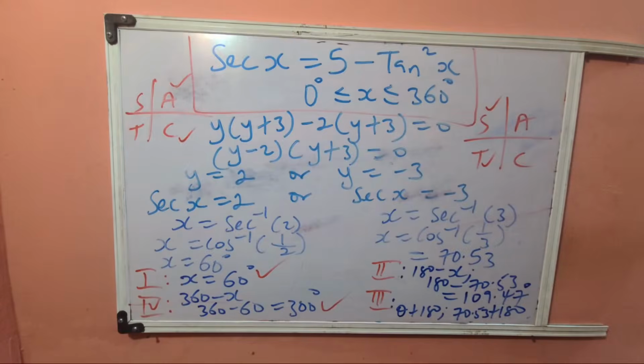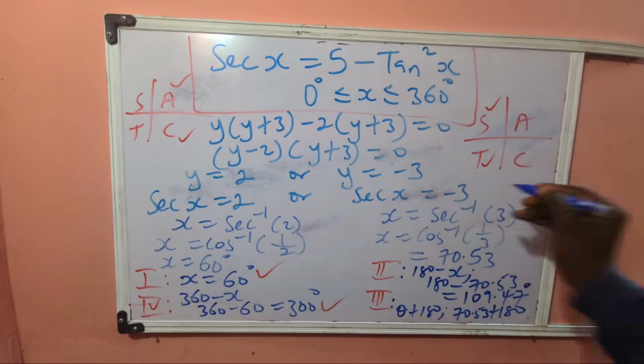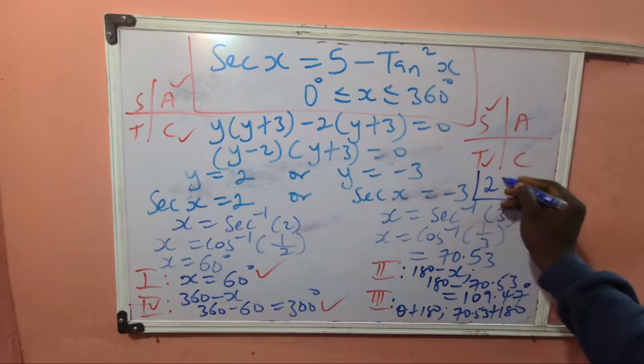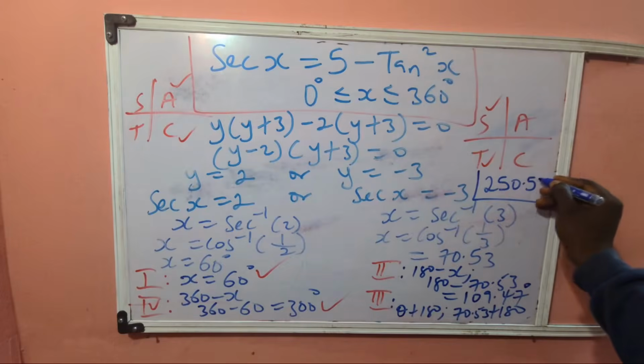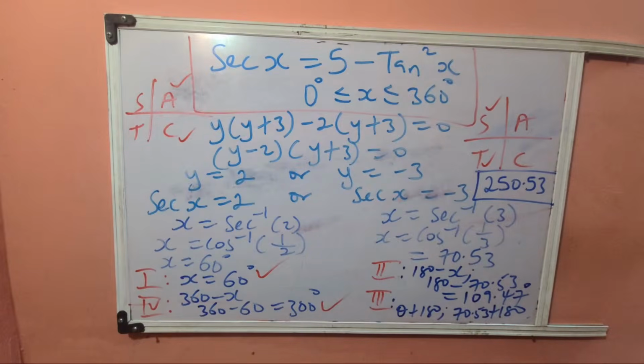What's 70.53 plus 180? We have 250.53. Okay, that's nice. So this is our value of interest.